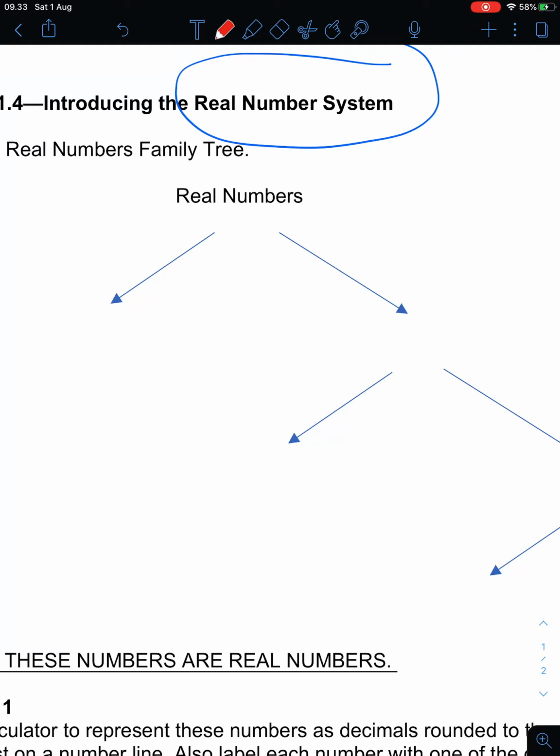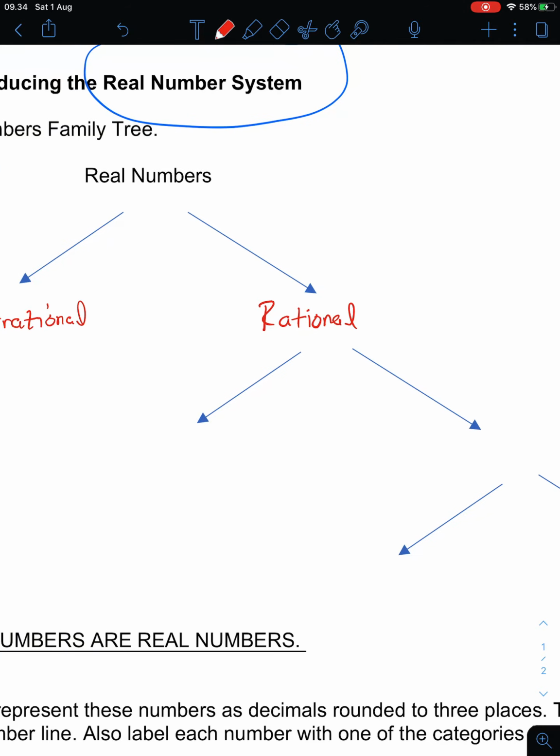There are rational numbers and there are irrational numbers. Any real number, and there are non-real numbers that you won't learn about for a few years, any real number is either rational or irrational.